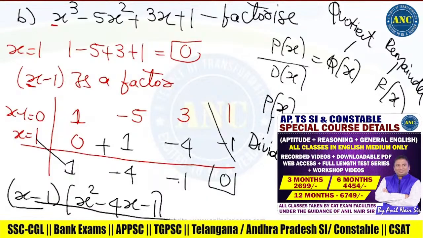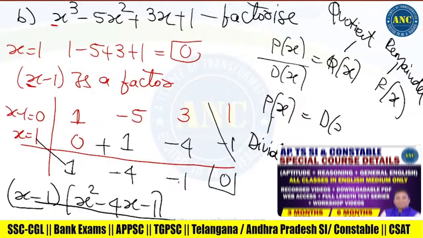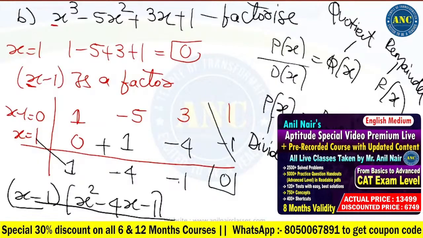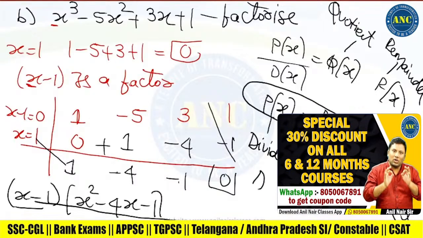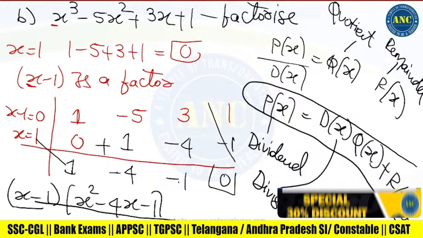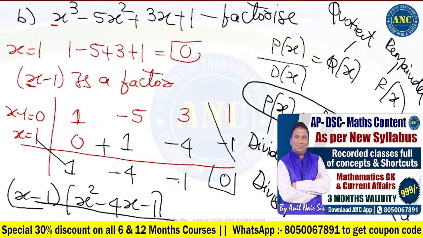Dividend equals divisor into quotient plus remainder. D of x is the divisor, Q of x is the quotient, R of x is the remainder.